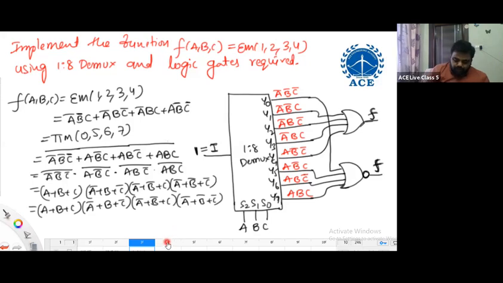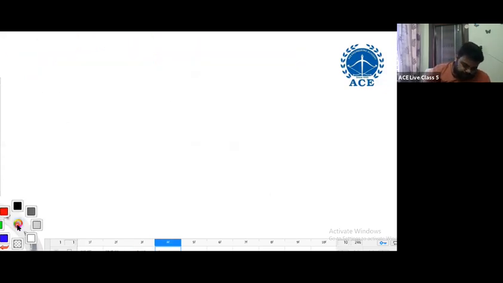Once we understand the decoder, we will do some more analysis about implementations. Until then, hold on. So now let us get into the decoder.